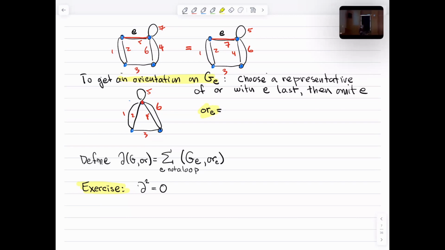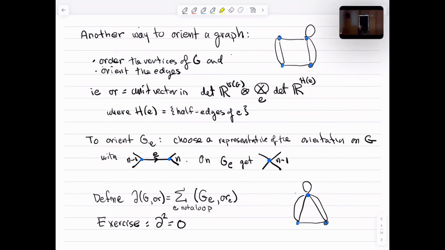However, it's not the only way to associate an orientation to a graph. Here's another way. It looks a little more complicated. I'm going to order the vertices, and I'm going to orient the edges.